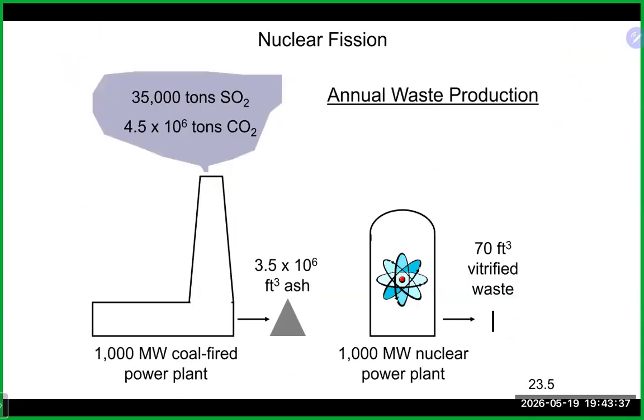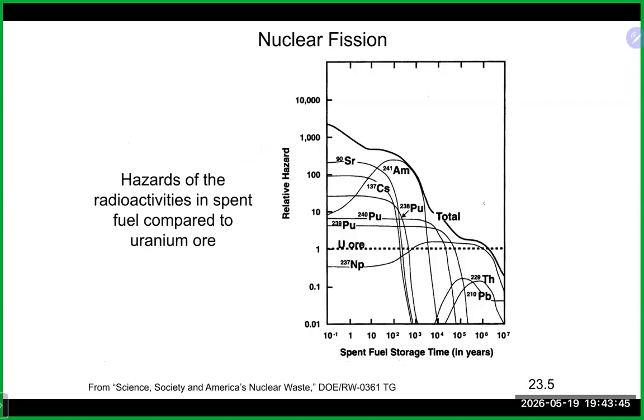As I mentioned before, there's good and bad for both. They both can produce a lot of waste. And in the case of nuclear fission, they produce a lot of what is sometimes referred to as spent fuel. And these spent fuels are really the stuff that is produced as a result of these fission reactions, those products that are produced.